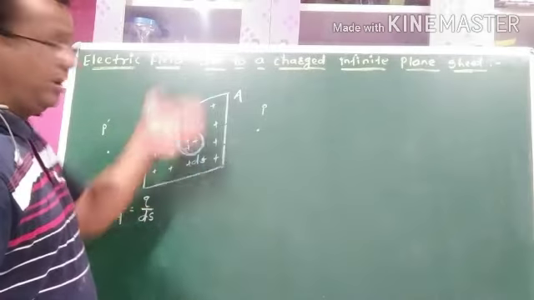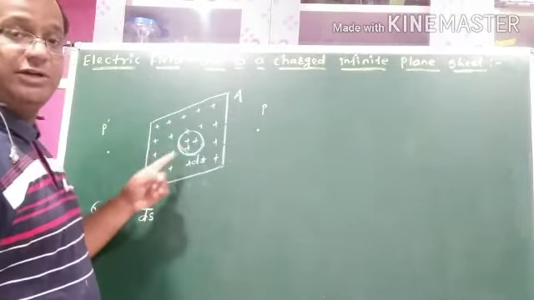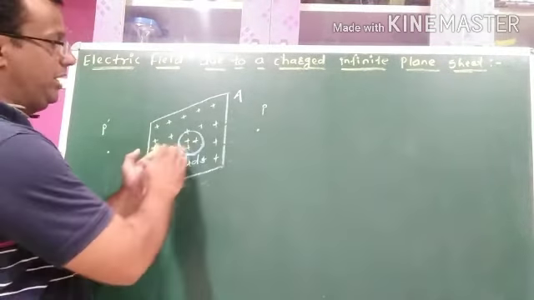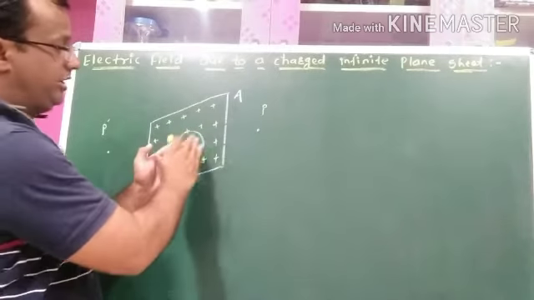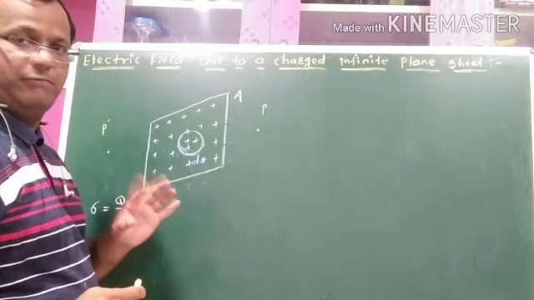But here the thickness is very small, so the charges present on the surface of the conductor produce the electric field in both directions, that is, the front direction and the backward direction.